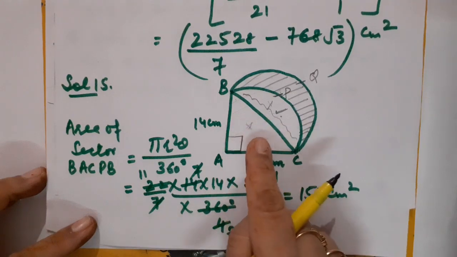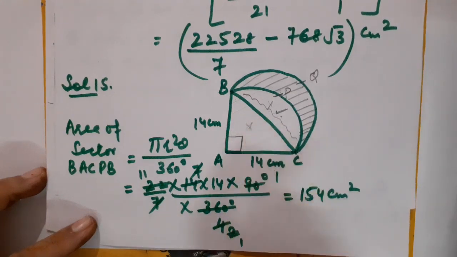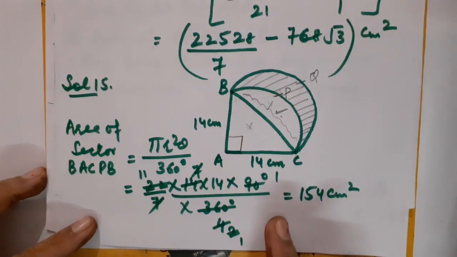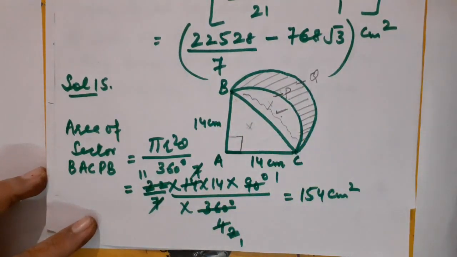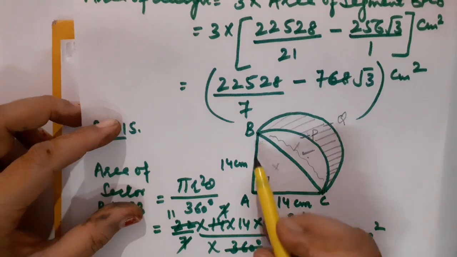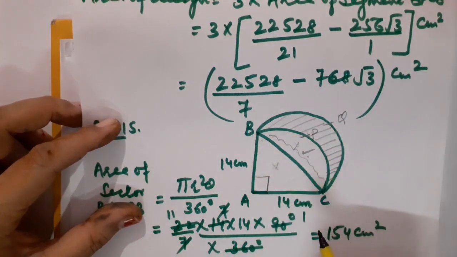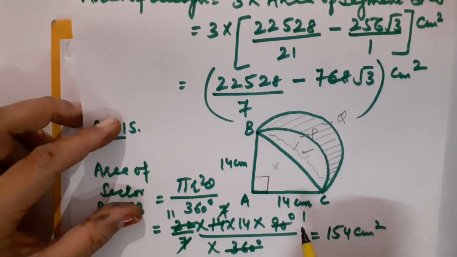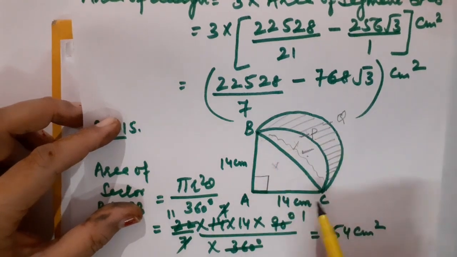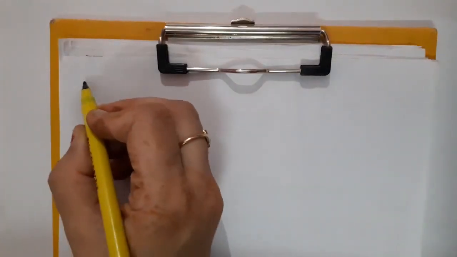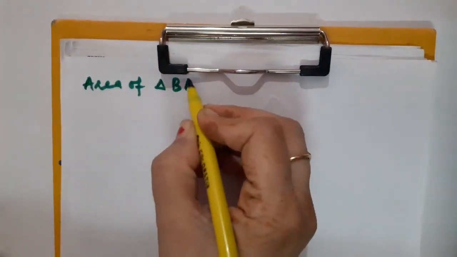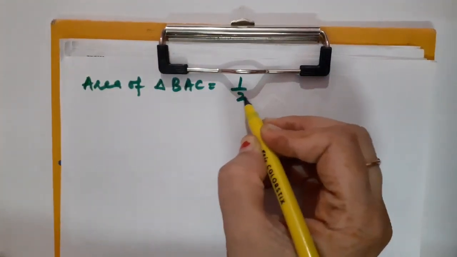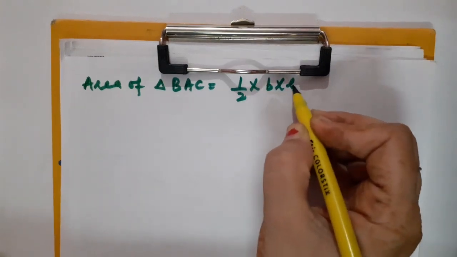Let us subtract the area of this right angled triangle from it, so that we can come to know the area of this segment. So now children, how to calculate the area of a right angle triangle, that you know, is half into base into height, and the name of the triangle is BAC. So area of triangle BAC is equal to half into base into height.